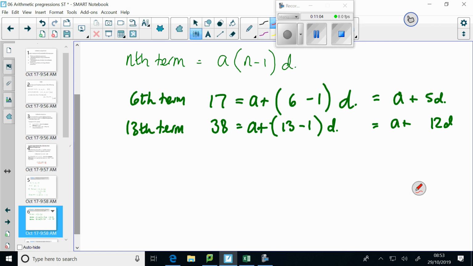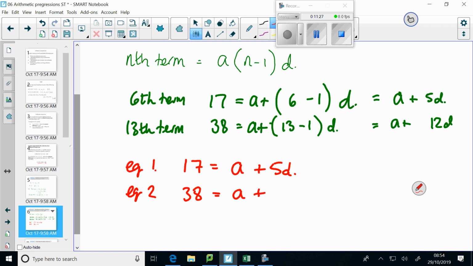So we've got two equations. Equation 1 is 17 is equal to a plus 5d. And equation 2 is 38 is equal to a plus 12d.